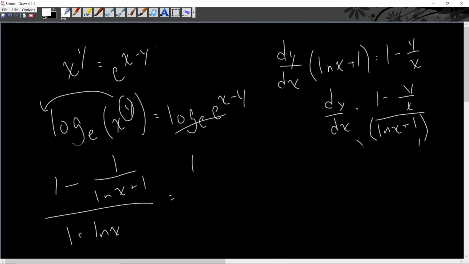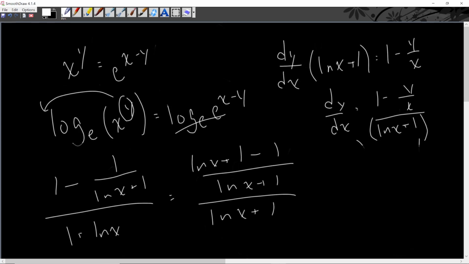So we have (ln x plus 1 minus 1) over (ln x plus 1), all over ln x plus 1. So this denominator goes to that denominator because of fraction division. And then 1 minus 1 is 0, so we have ln x over (ln x plus 1) squared.